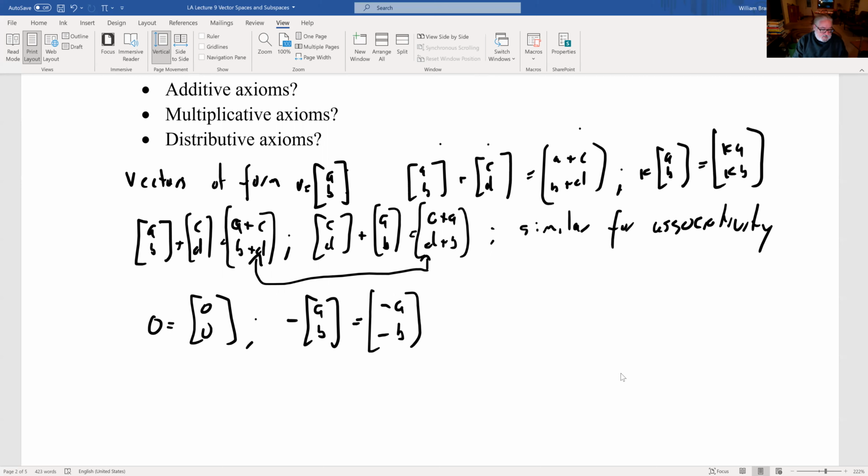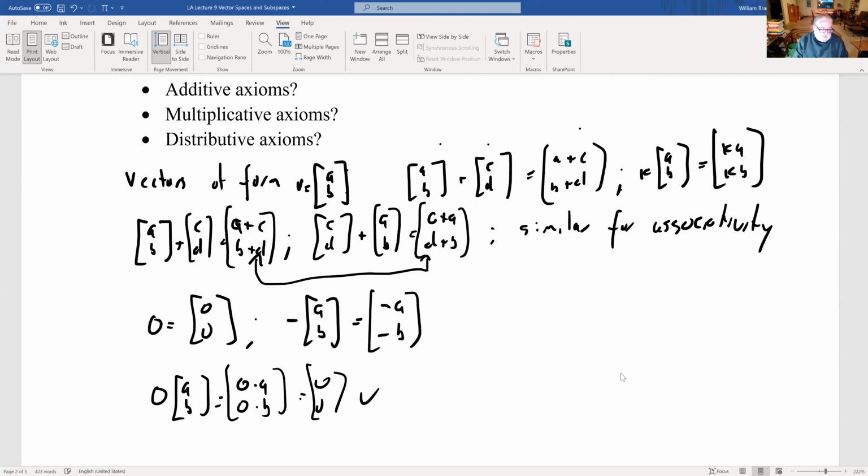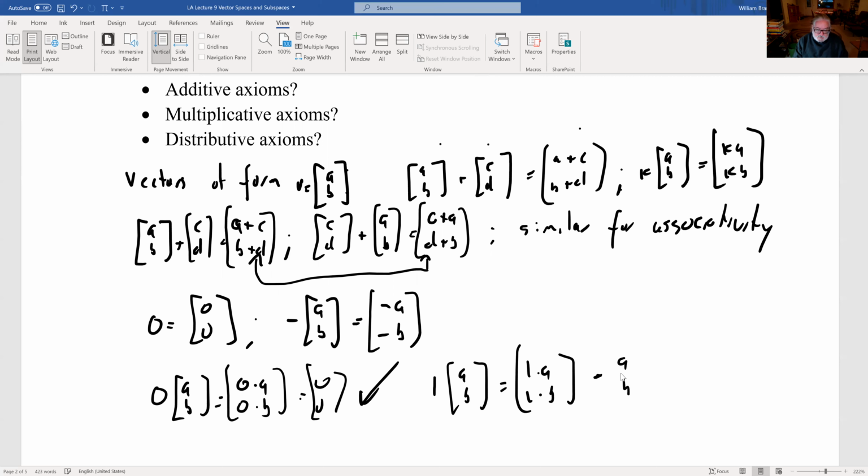Multiplicative axioms, 0 times (a, b) is (0 times a, 0 times b), which is (0, 0), so that's nice. That's a check. 1 times (a, b) is (1 times a, 1 times b). It's all very routine checking these axioms.